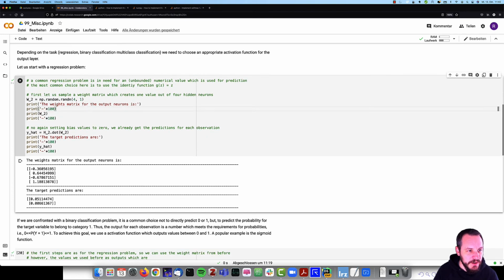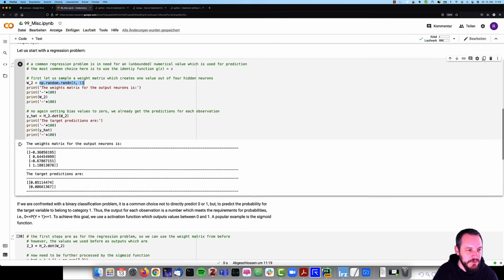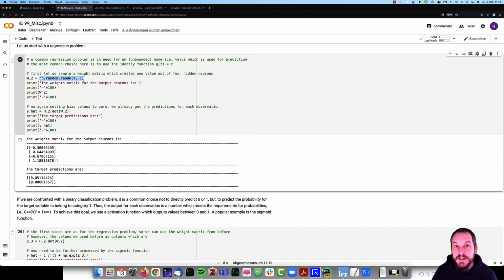So we would have here the weight matrix for the prediction in order to generate out of the hidden neurons the output neurons. Again, we assume the bias values to be 0, so we do not need to take care of them, and we do not really need an activation function, but what we really do is use the identity function here.